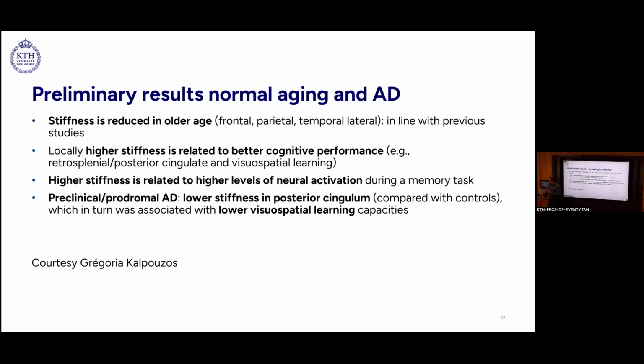She has both normal aging and AD, and in normal aging the tissue is softening, and in AD it is softening as well, but quicker. And actually, it's very interesting to use MRE for AD because these differences in stiffness are visible before they are visible in anatomical images. So that's why it's interesting.